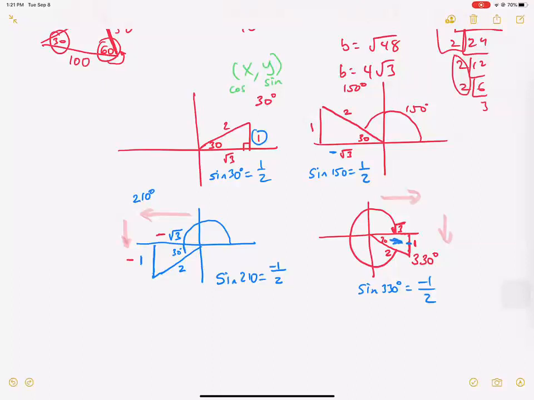In quadrant 2, aren't x values negative and y values still positive? That's why sine is still positive here. But in quadrant 3, x's are negative, so our y values are both negative. So we said this is cosine and sine. So sine is negative.